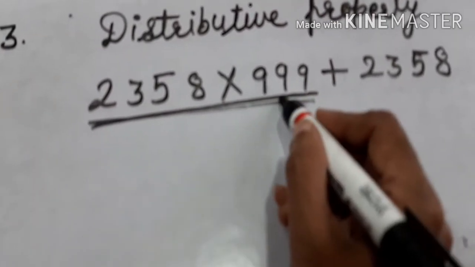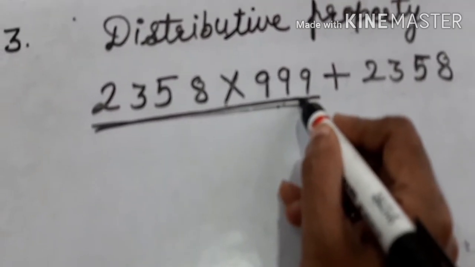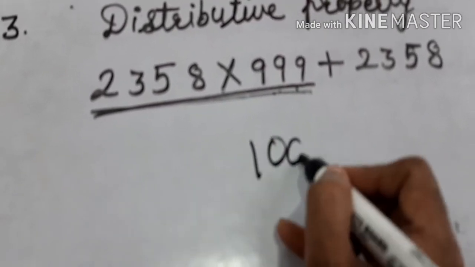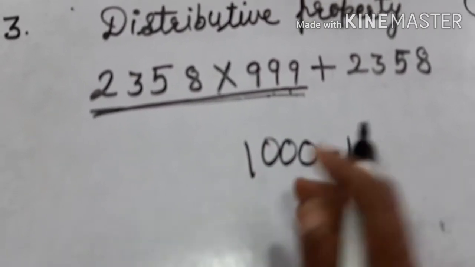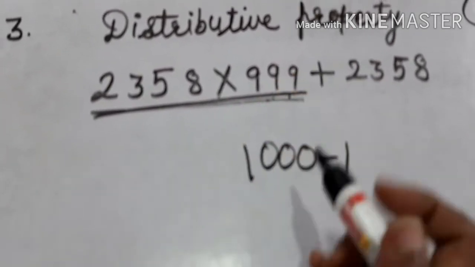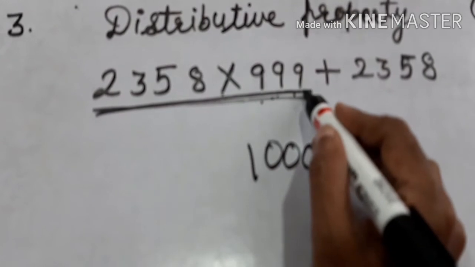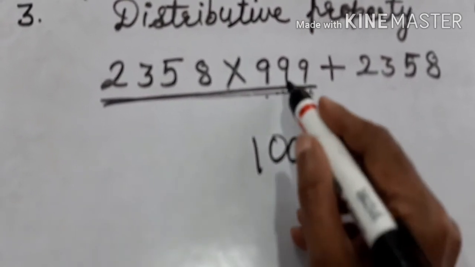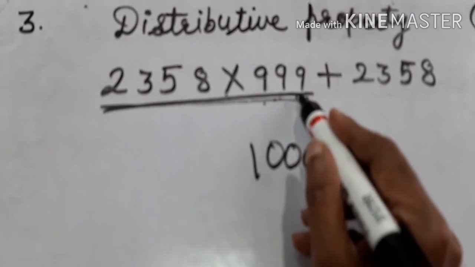Like this 999, if I write this number as 1000 minus 1, when I subtract from 1001, I will be getting the same number. So in place of 999, I have written 1000 minus 1, which is the same as 999.